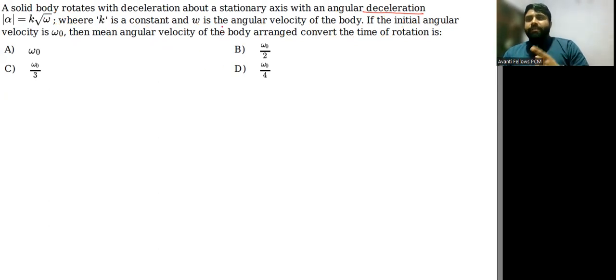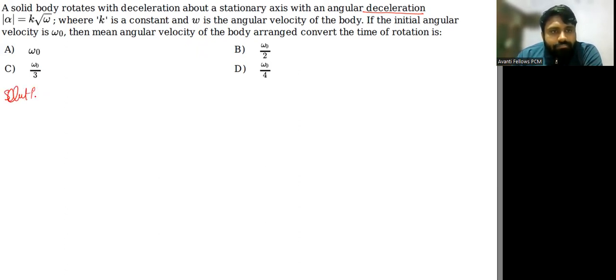So when the body is rotating, it will be decelerating, which means at a point of time the rotational speed of this body will become zero and then it will rotate again in the opposite sense. So up to the time when the velocity becomes zero, we have to find the mean angular velocity. Now, alpha is given as k root omega.